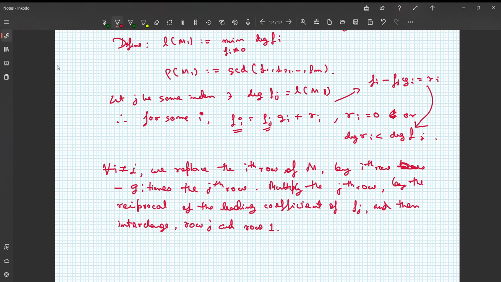So this polynomial is basically normalized to be a monic polynomial, having its leading coefficient 1, and we then send it to row 1. Okay, we interchange it with row 1. So this polynomial goes to the 1 comma 1 position, correct?